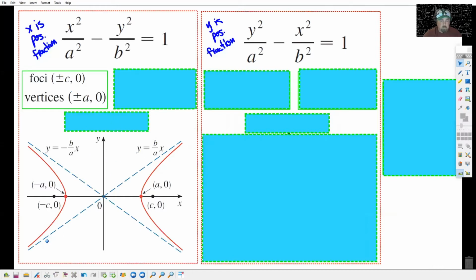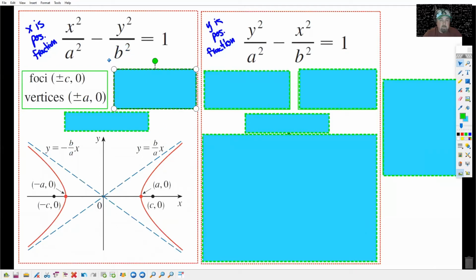This graph is also a little bit different because it has asymptotes, okay? Those asymptotes come from these a and b values underneath. Looking at this one, this is b over a. This fraction b over a is a slope, since this is an equation of a line. So why is this one b over a?